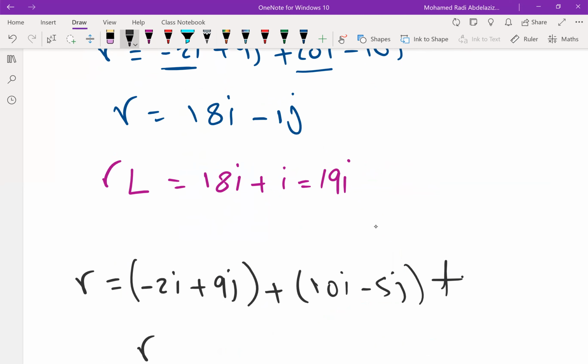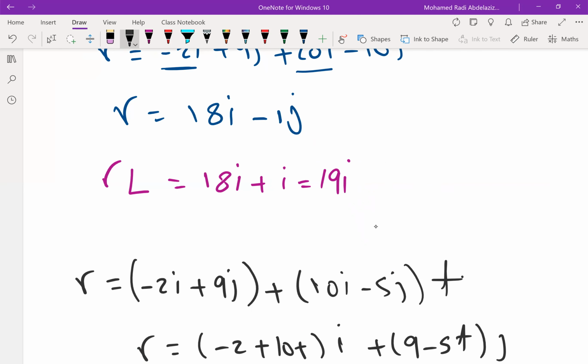So you can find your answer in terms of t. It's found before, negative 2 plus 10t in direction of i, and 9 minus 5t in direction of j.